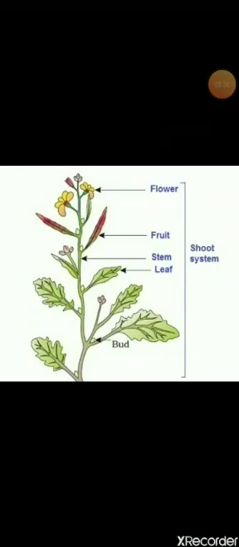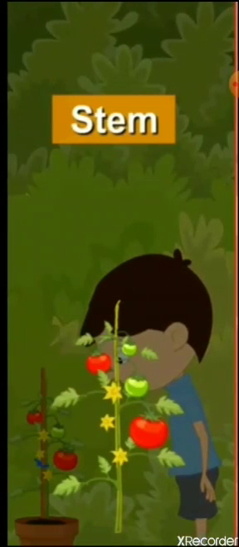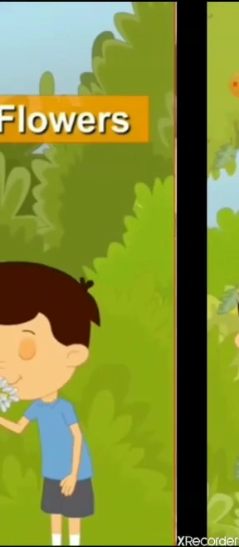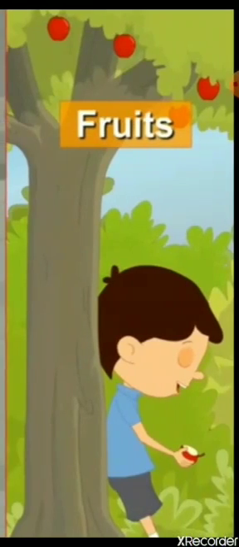The second major part of a plant is shoot. This part grows above the soil. It consists of number 1 stem, number 2 leaves, number 3 flowers, number 4 fruits and number 5 seeds. Let's talk more about these parts.